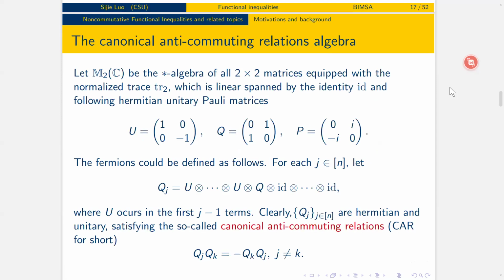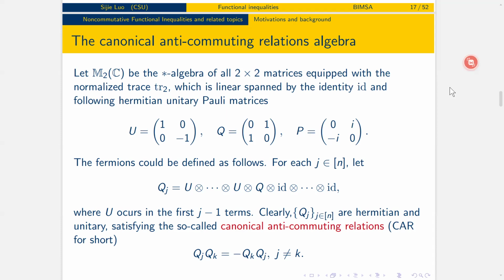At first, what is the non-commutative hypercube? When I first learned it, I learned that there is the canonical anti-commutation relation algebra, which we can call the CAR algebra. It is one of the concrete models for the non-commutative hypercube, and its definition is quite simple.